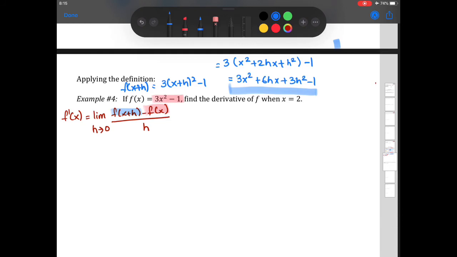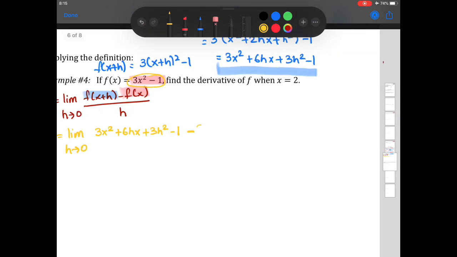So let's do this here. I'm going to take this color, and I'm going to go. So f prime of x is the limit as h approaches 0 of 3x squared plus 6hx plus 3h squared minus 1, right? Minus, remember, when I'm substituting f of x with this function, I have a negative outside, so I have to distribute that.